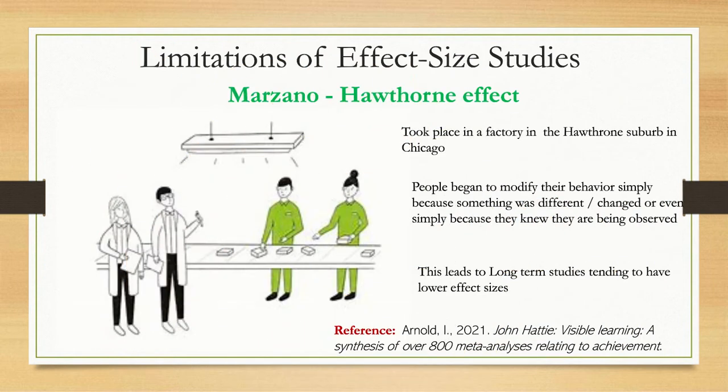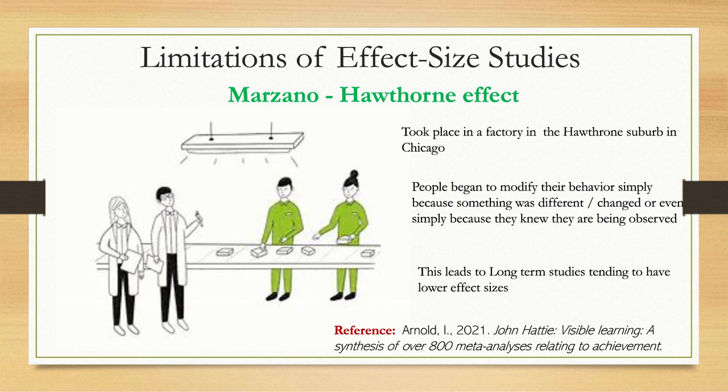Limitations of effect size studies, there are many, but firstly I want to talk to you about the Hawthorne effect. The Hawthorne effect took place in Hawthorne suburb in Chicago. People began to modify their behaviour simply because something was different, or even if something was changed, or even simply because they knew they were being observed. This led to long-term studies tending to have lower effect sizes.